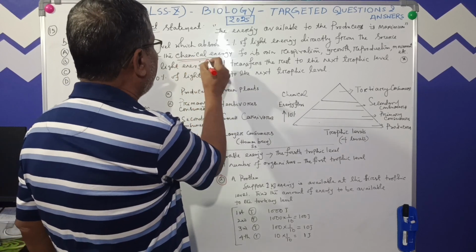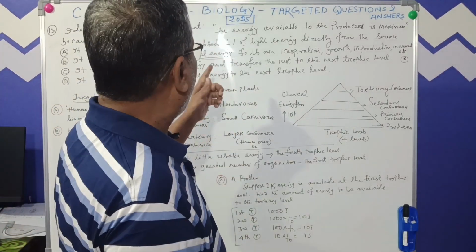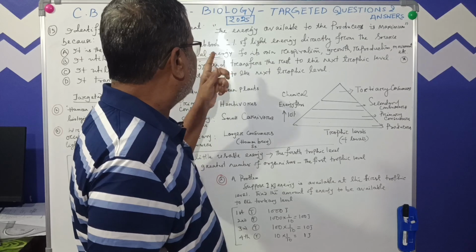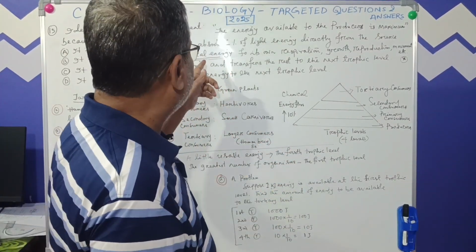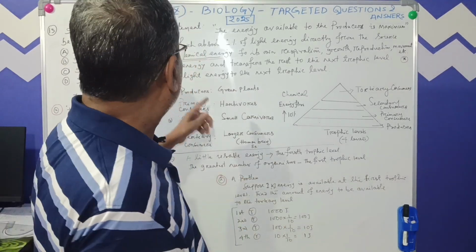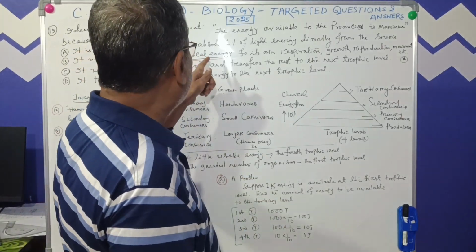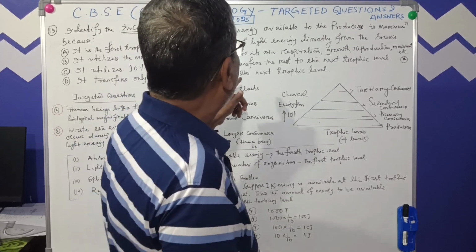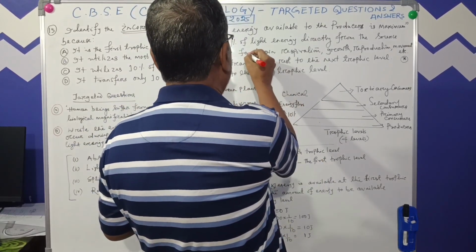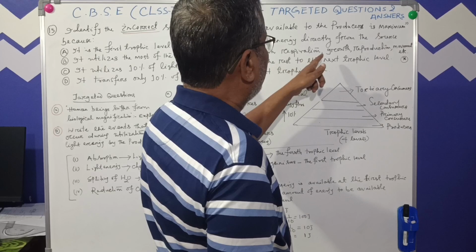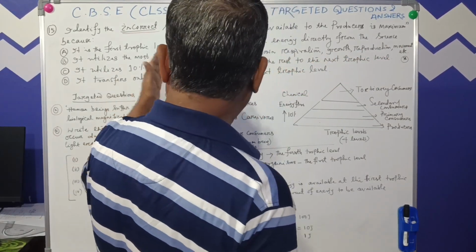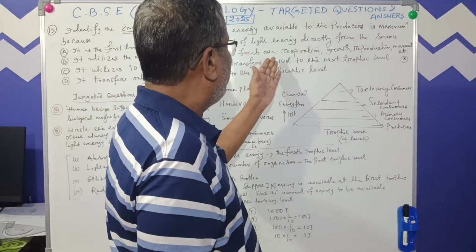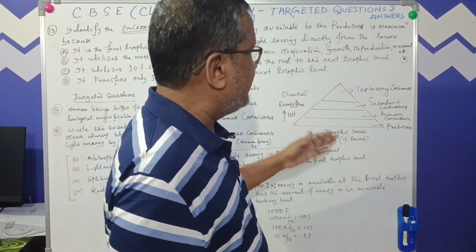You see, this is a very good line, and this word will change the direction of the question. It has been very tactfully developed. The most of the chemical energy for its respiration, growth, reproduction, movement, etc. So it utilizes the chemical energy for the metabolic activities. That is the biological part.